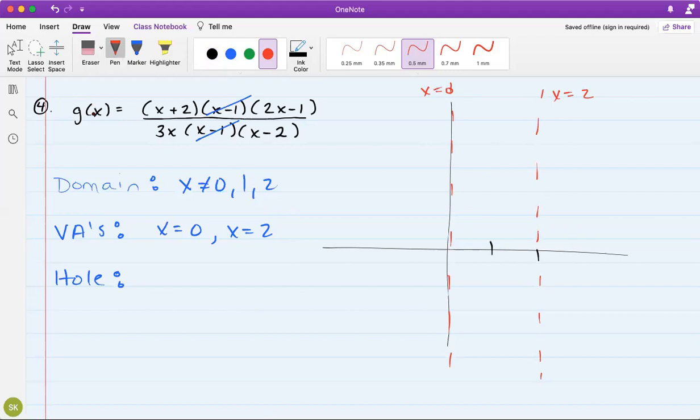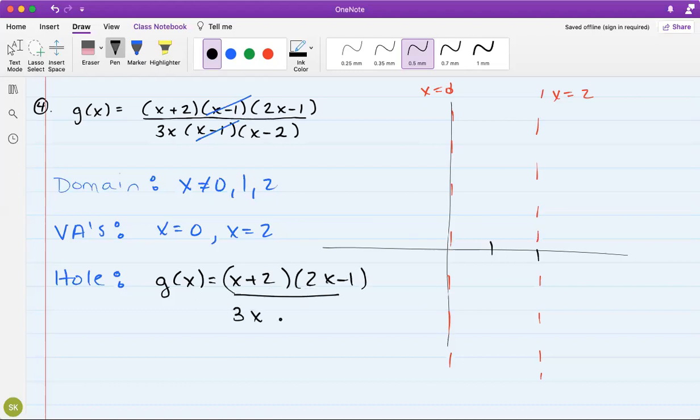Now to find the hole, what you're going to do is you're going to get rid of this piece here. So this new g of x is equal to (x + 2)(2x - 1) on the top over 3x(x - 2). And now we're going to plug in that value, this value right here, 1.